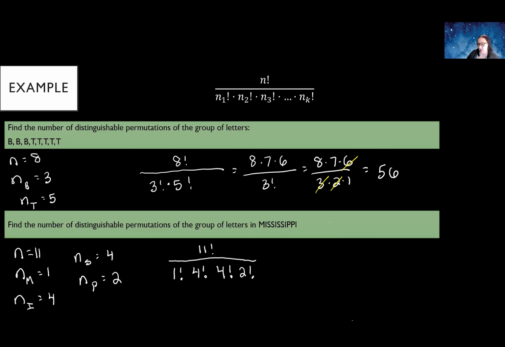In the denominator, you're multiplying all of those factorials together. 11 factorial is just going to be a giant number, but I did do 12 factorial earlier, so it's not going to be as big. But if you do choose to evaluate it.